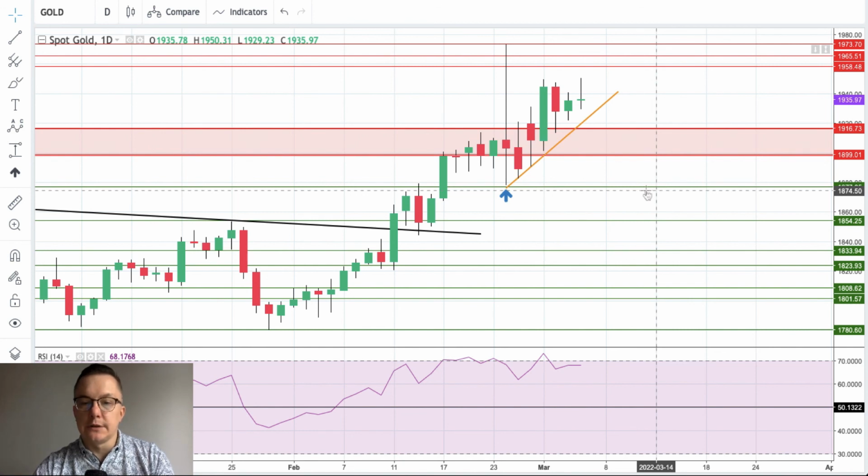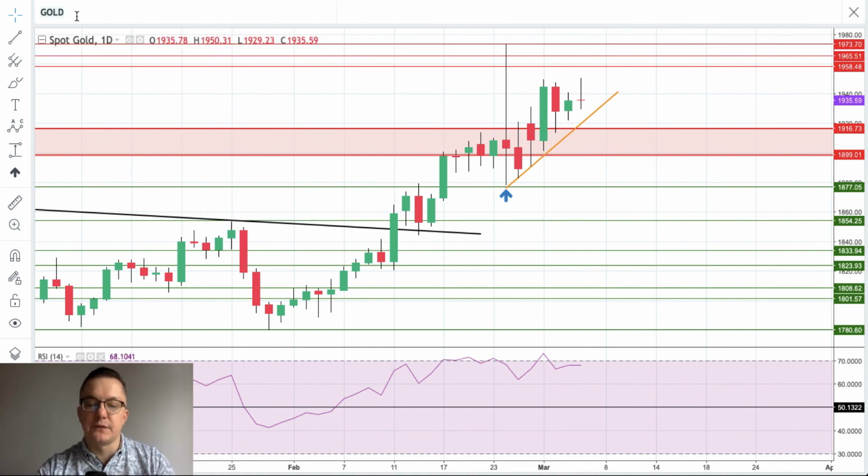So gold is still above the short-term trend line, close to the recent highs. Local high 1,950, this year's high 1,973, $23 off the yearly highs. So pretty much a bullish market for me, waiting for the NFP data.